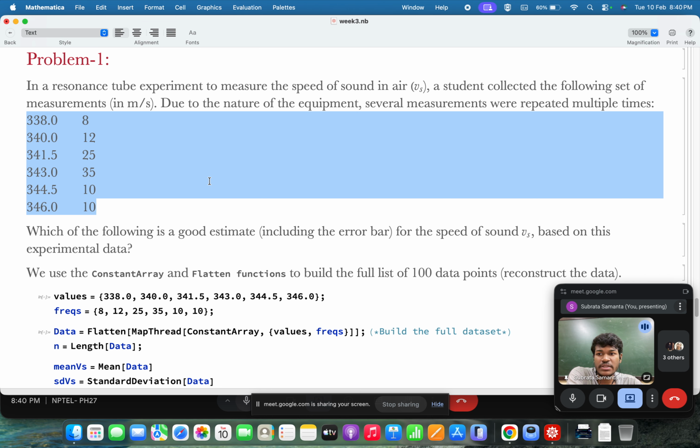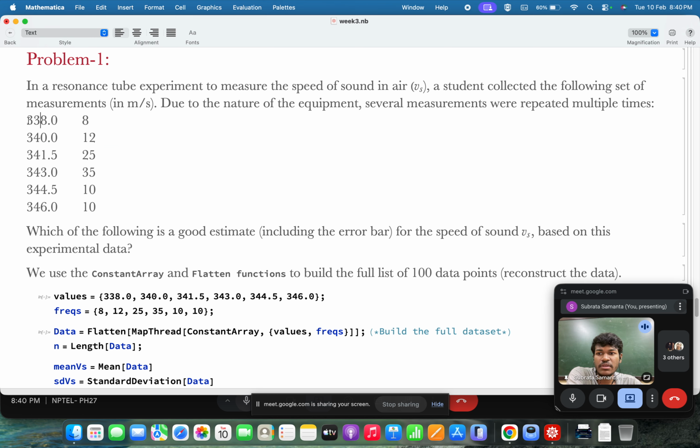I measure 338 meters per second 8 times, 340 12 times, 341 25 times, 343 35 times, 344 10 times, and 346 10 times.